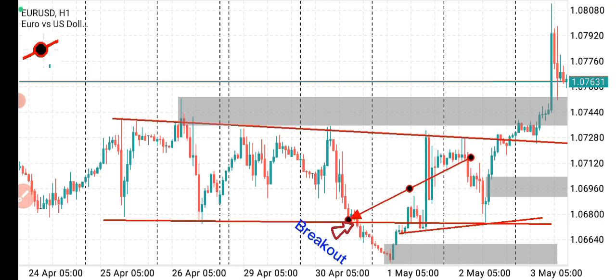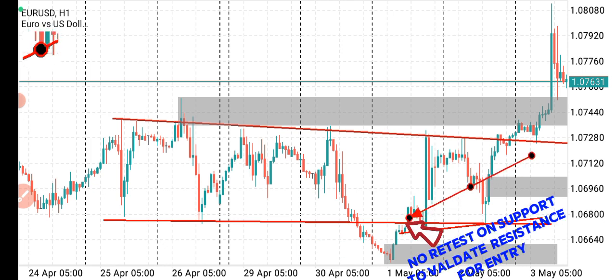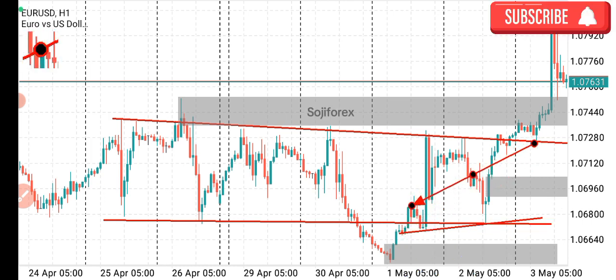So when price breaks out of this support and pulls back to it, it's supposed to validate this support as our new resistance.